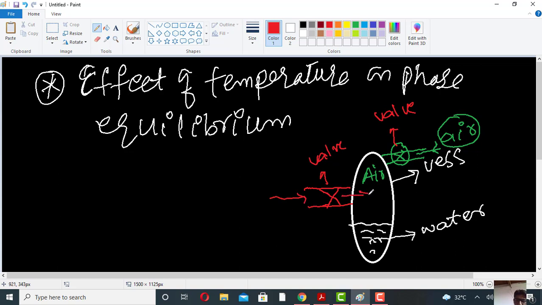This is sulfur dioxide, this is the air, and this is the water. After supplying sulfur dioxide to the vessel, we close this valve and disconnect the supply of sulfur dioxide. So we obtained a system like that.